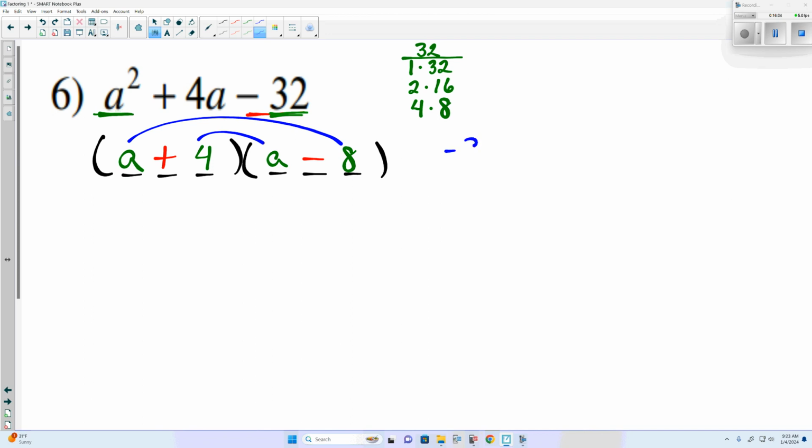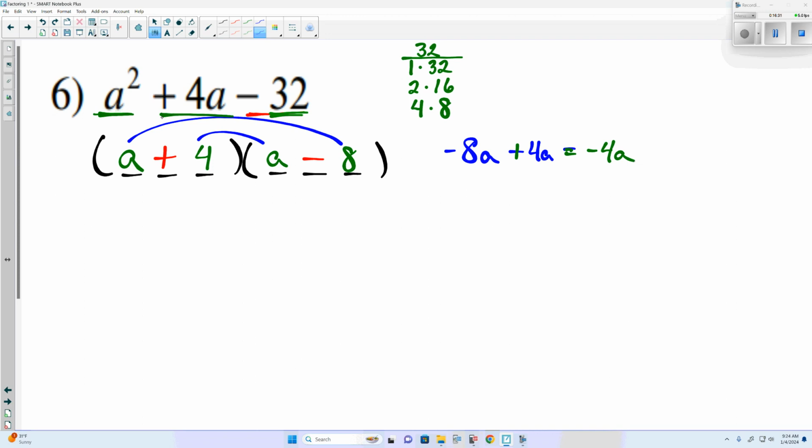But we can do a times negative 8, which is negative 8a. Then do our 4 times a, which is positive 4a. And negative 8a plus 4a is negative 4a. I mean, we could continue on doing 4 times negative 8, which would indeed give us our negative 32. But again, the main thing we're focused on is the middle term.